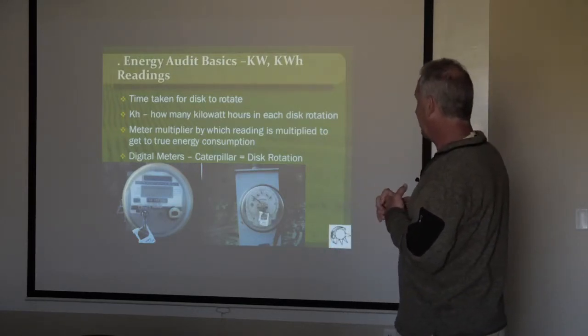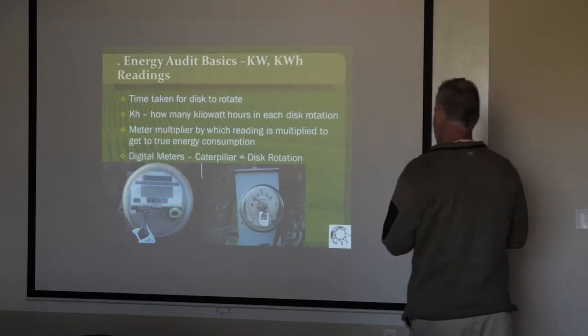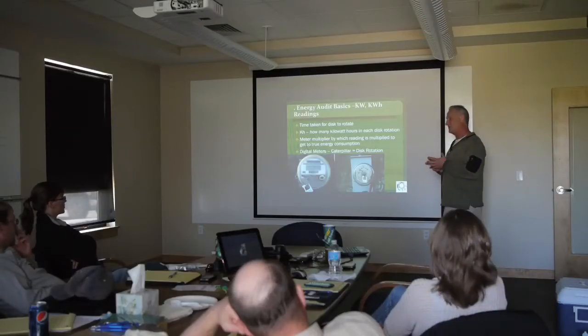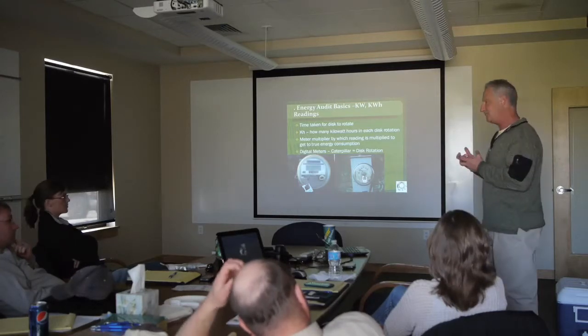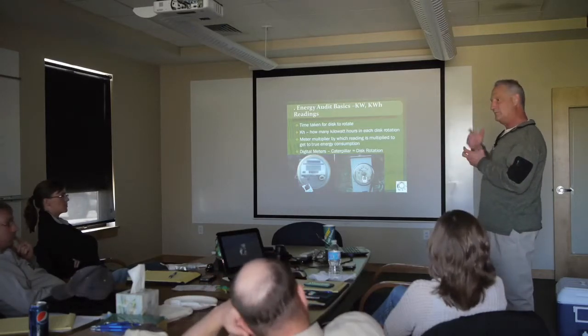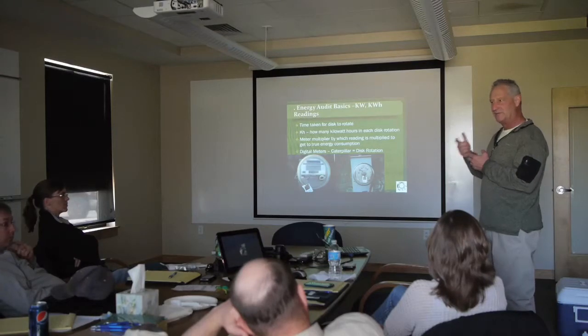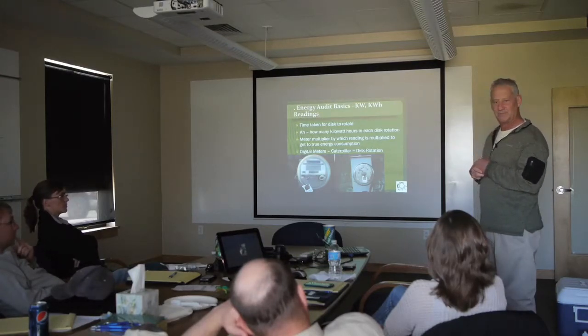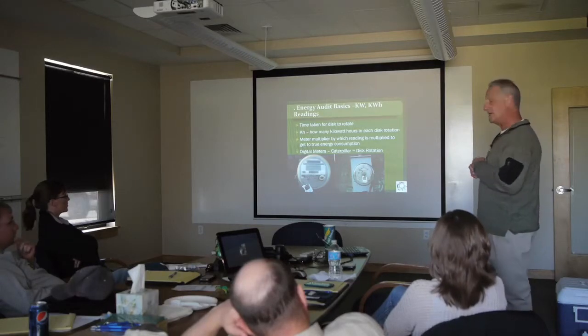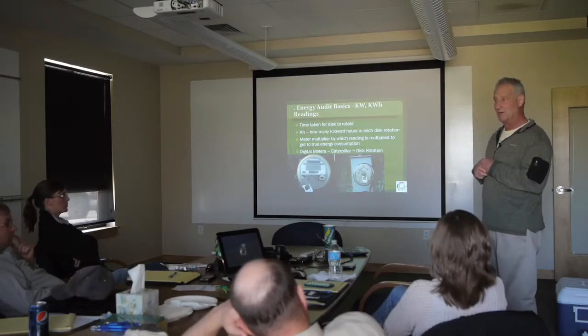There's a number called K sub H, which is how many kilowatt hours each disc rotation represents. So you have your stopwatch, and you let the meter go 10 rotations, and write down how much time it takes, then how many kilowatt hours it used in that period of time.